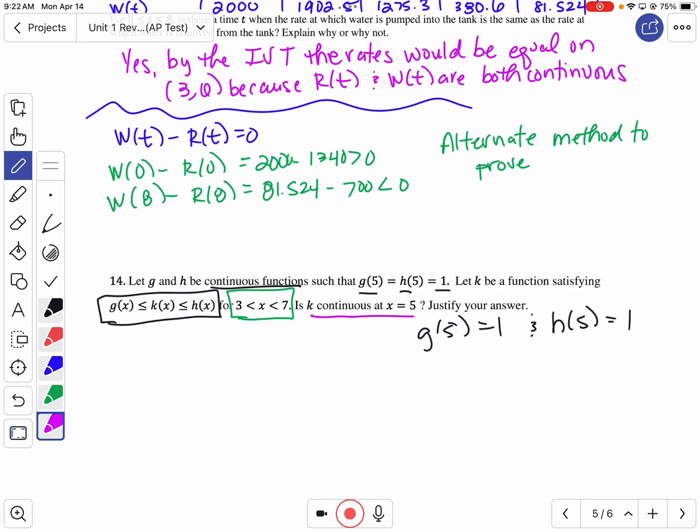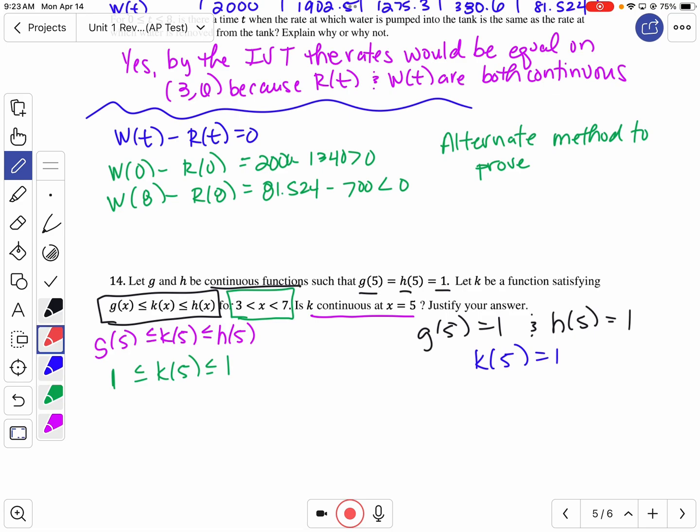So if G of 5 is 1 and H of 5 is 1, and we know those values, what has to be true about K at 5 for that inequality to be true? K of 5 is equal to 1. So now we know that the function is defined. K at 5 is equal to 1. That's a function value. The next thing we have to prove are the limits.